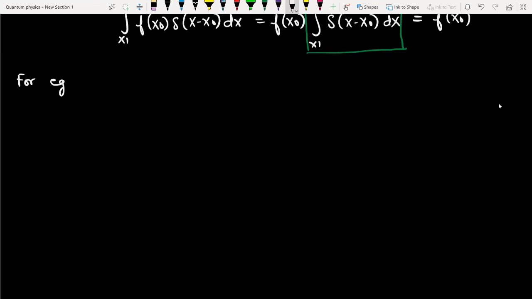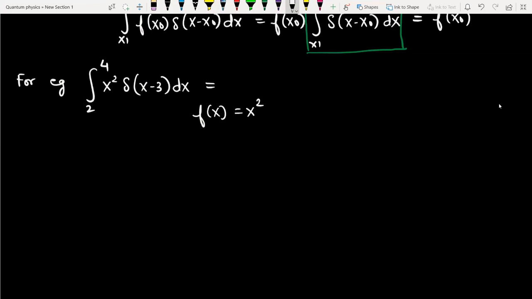If I give you one numerical, that this integration is between 2 to 4 and you have x square and you have delta of maybe x minus 3 dx, what is the answer? Obviously, this f of x in this case is x square.